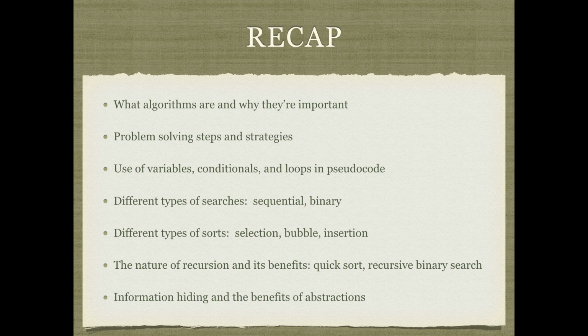Okay, so this is chapter 7. We've covered what algorithms are and why they're important, different steps and strategies for problem solving, the use of variables, controls, conditionals, loops, and things in pseudocode. We've covered different types of searches and sort algorithms, the nature of recursion, and the benefits of different types of abstraction.